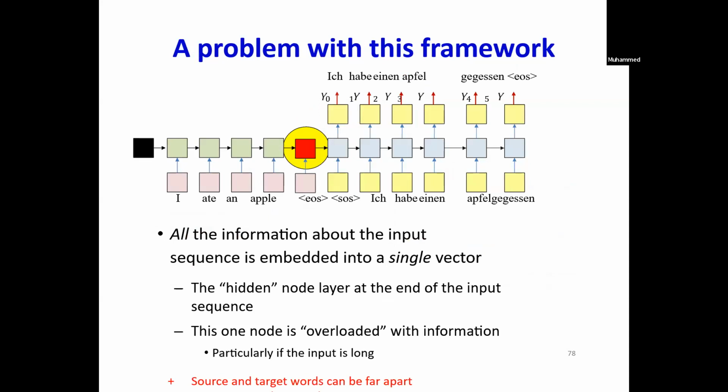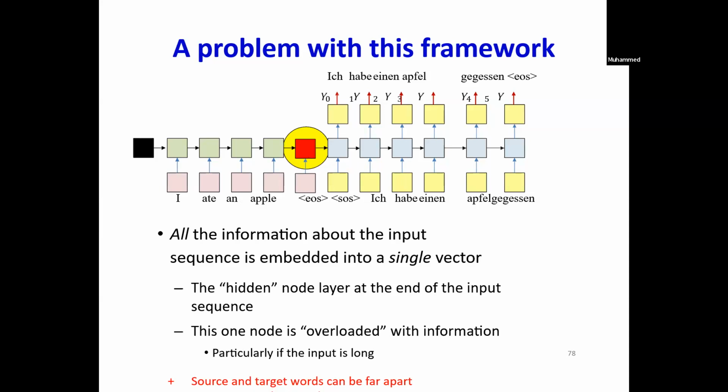Moving on, obviously there's a problem with the strategy that she just explained, in that we expect the last hidden state to carry all the information of all the inputs.